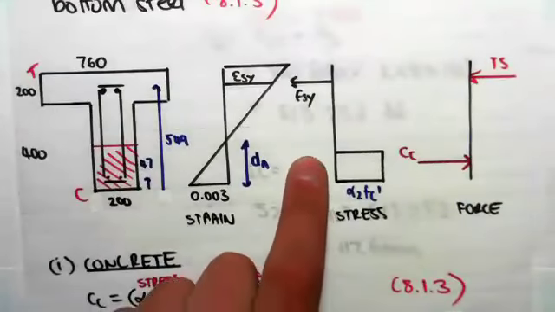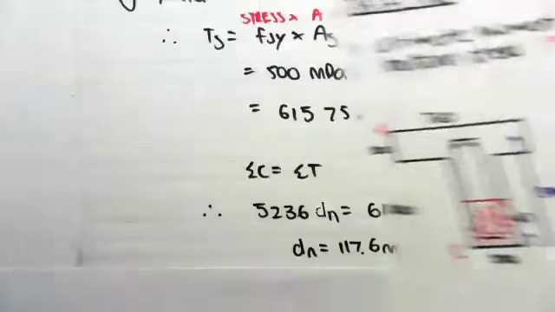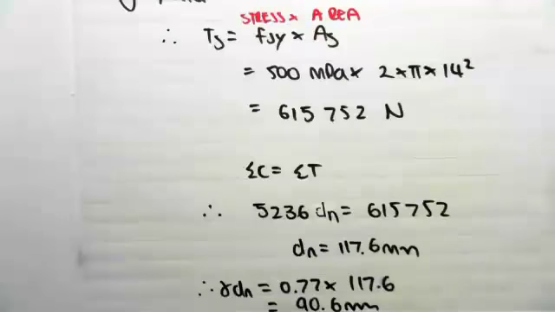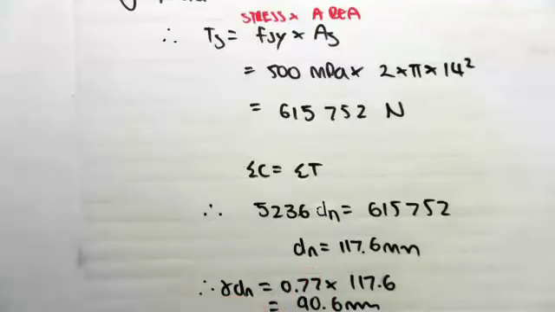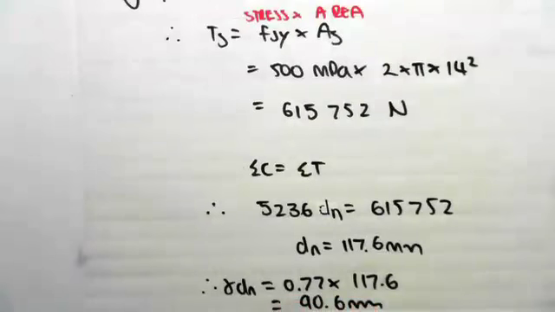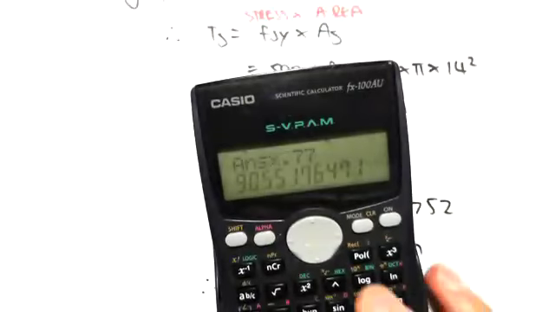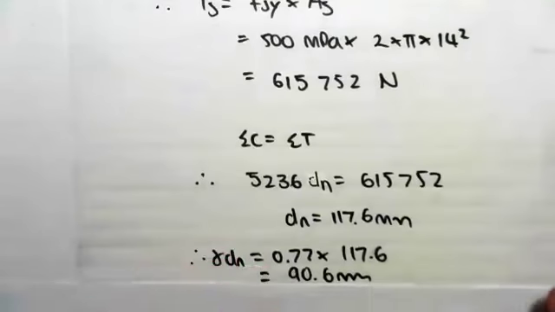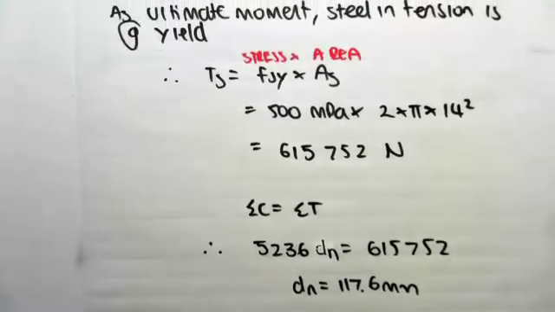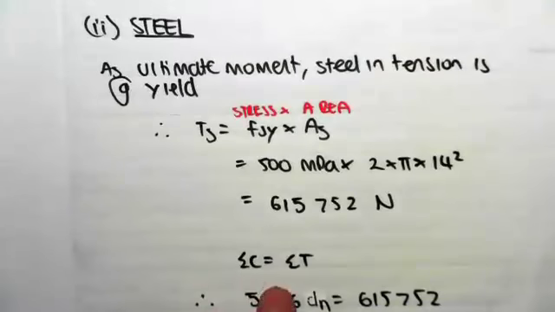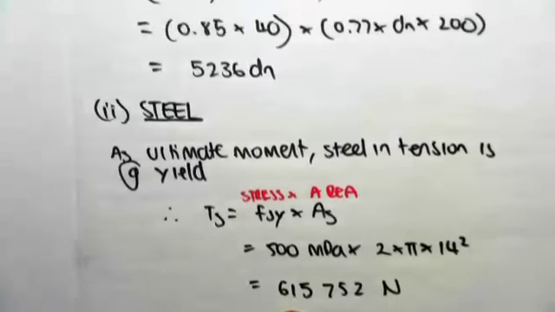We can also find gamma dN, the height of our rectangular stress block. So all we need to do is just multiply dN by gamma. We found gamma to be 0.77. So 0.77 by 117.6 gives us 90.6 millimeters. And the last thing we can do is just find the compression in our concrete. Now we know it's going to be the same as the tension because we set it here, but we can just show that.